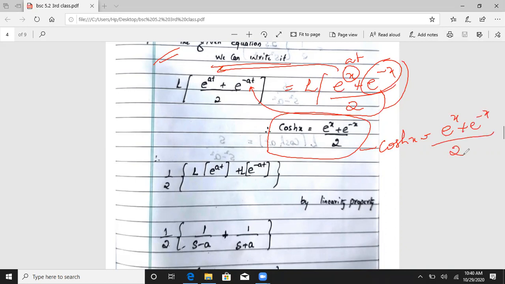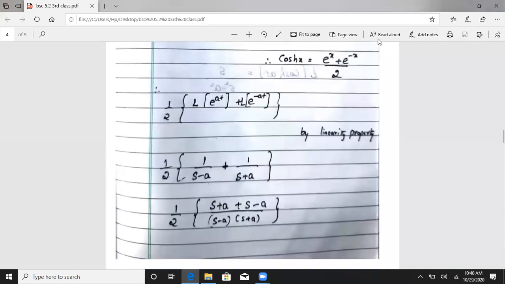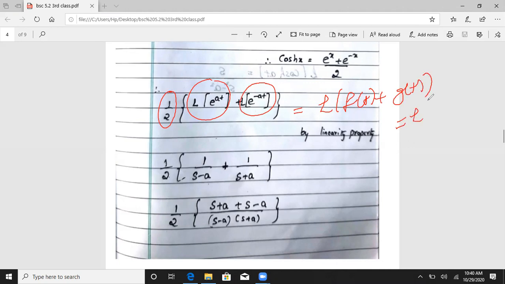Next, when we simplify, the 1 by 2 remains outside, then the Laplace transformation of the first function plus the Laplace transformation of the second function. We separate them: Laplace transformation of f of t plus g of t is equal to the Laplace transformation of the first function plus the Laplace transformation of the second function. Like this we get the property.